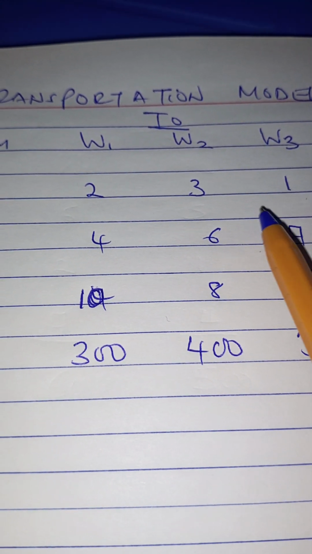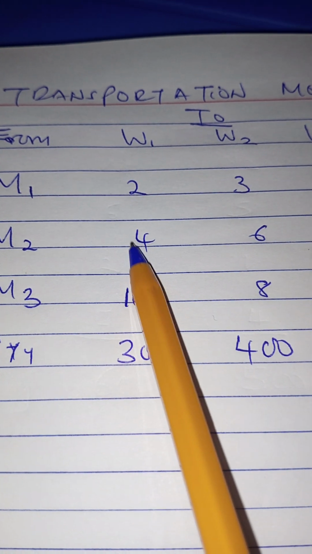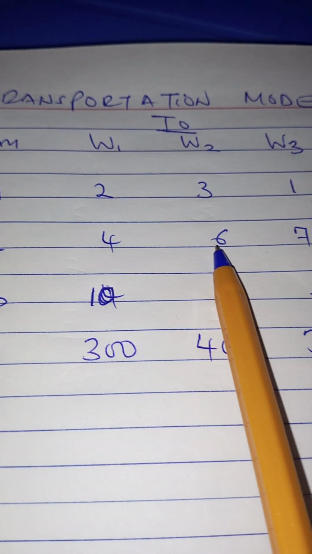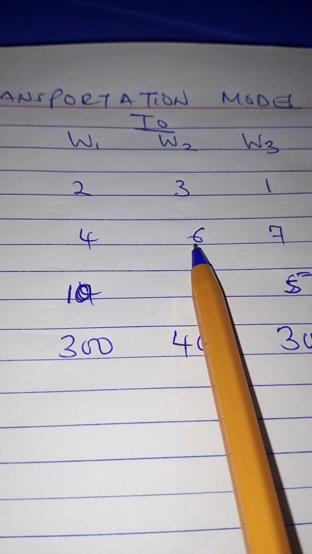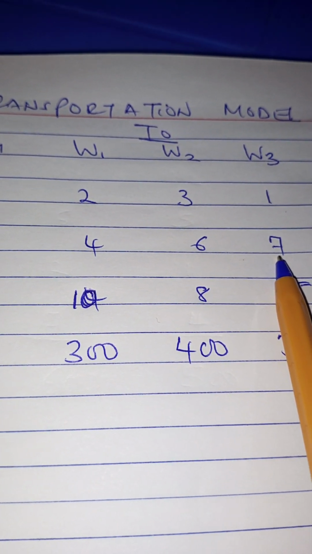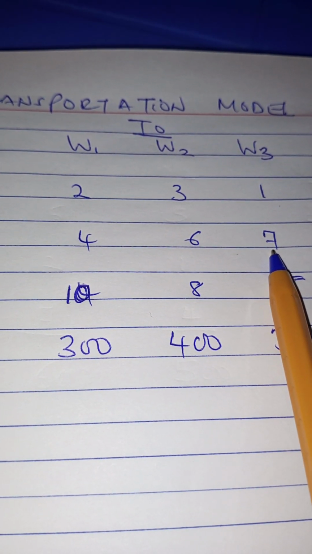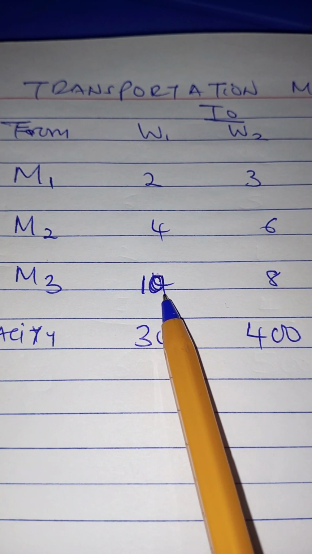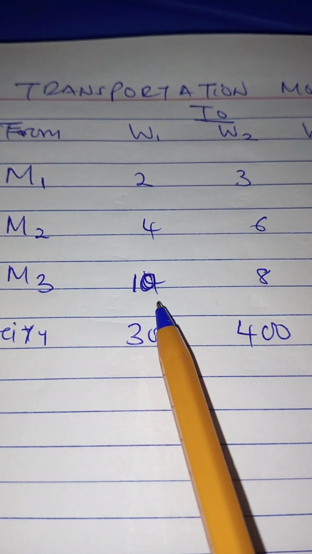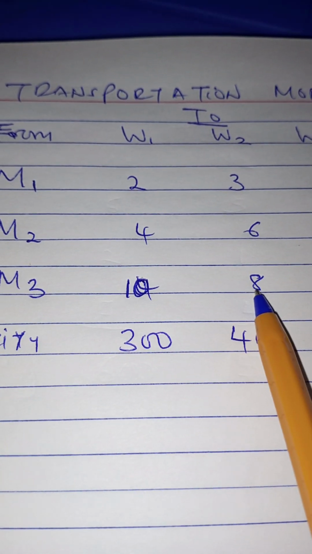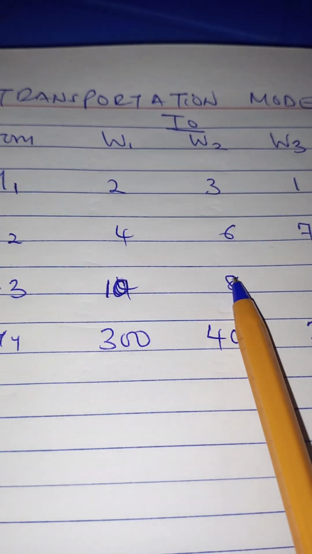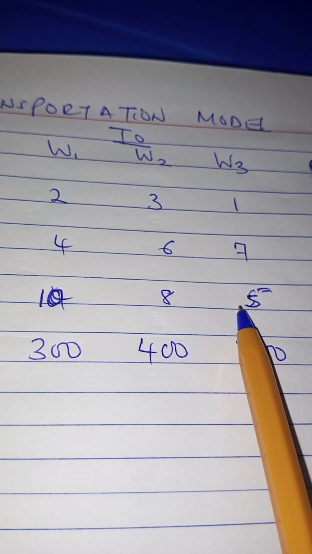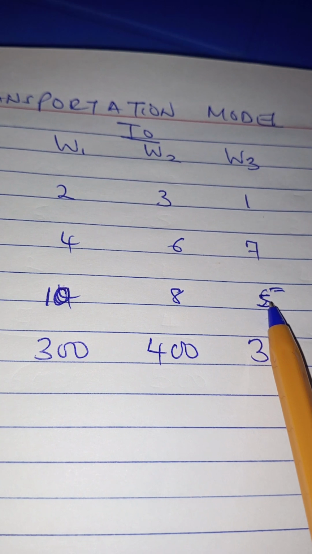We also have the cost of transport from M2, which is 4 to W1, 6 shillings from M2 to W2, and 7 shillings from M2 to W3. Similarly, the cost of transportation from M3 to W1 is 10 shillings, from M3 to W2 is 8 shillings, and from M3 to W3 is 5 shillings.